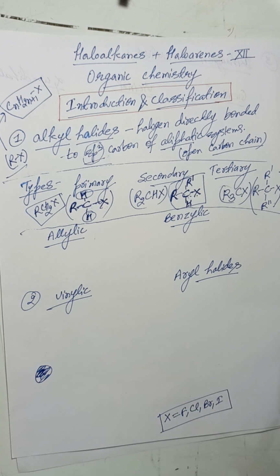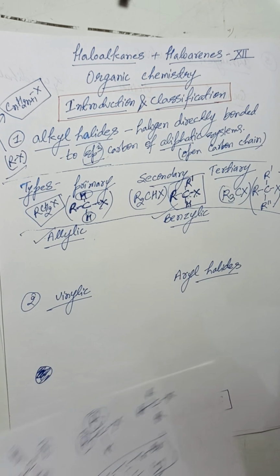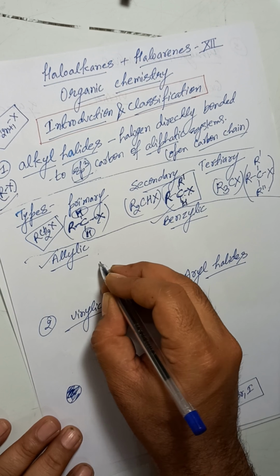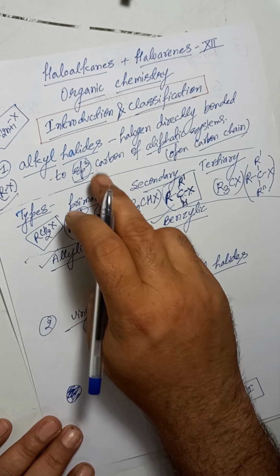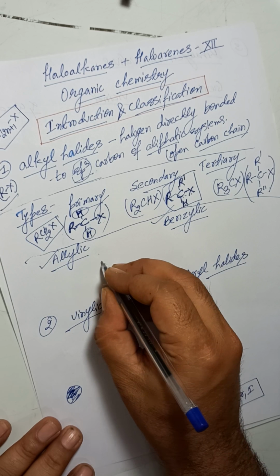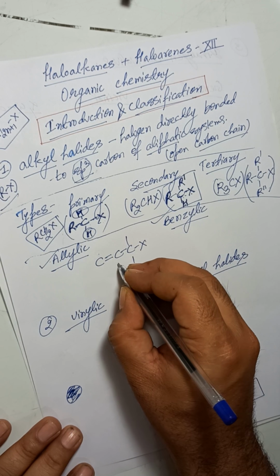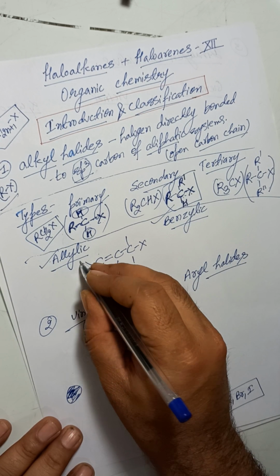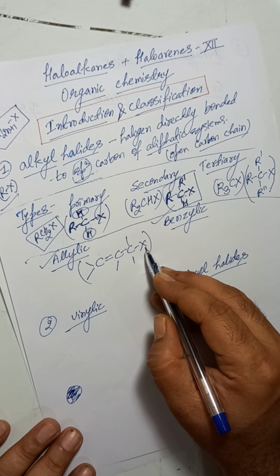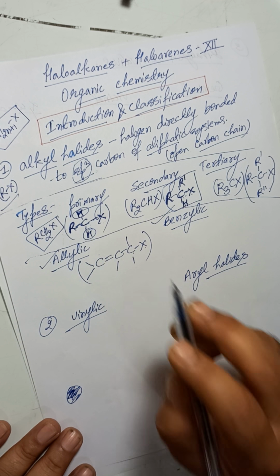Now let's further talk about allylic or benzylic. These are also types of alkyl halides. Allylic: halogen directly attached to sp3 carbon which is adjacent to a double bond system.